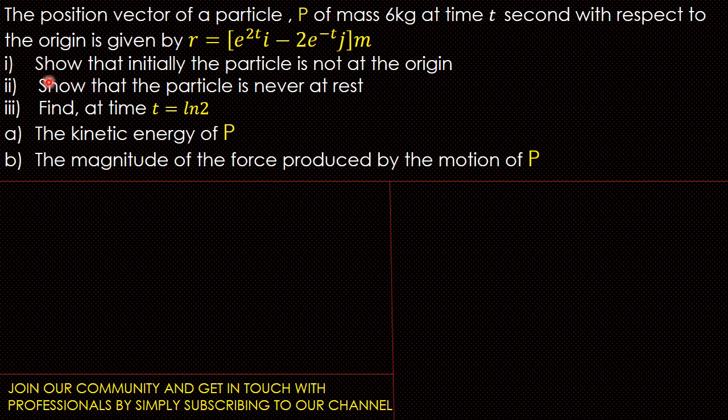Part (i) says we should show that initially the particle is not at the origin. Part (ii) says we should show that the particle is never at rest. Part (iii) says we should find, at t equals the natural log of 2, (a) the kinetic energy of the particle P, and (b) the magnitude of the force producing the motion of P.